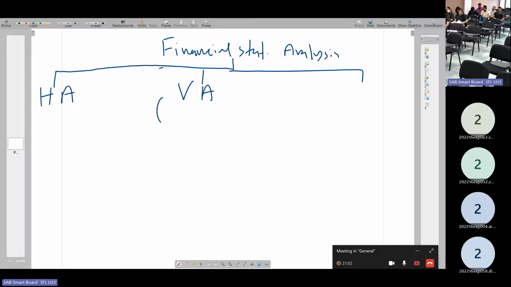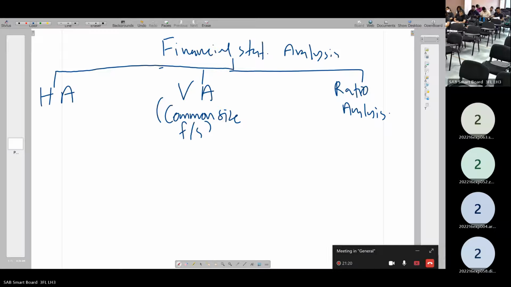We are calling it common size financial statement. Third one, ratio analysis. That is very popular one.